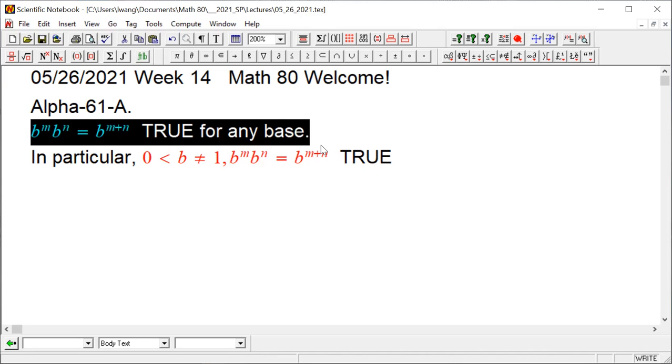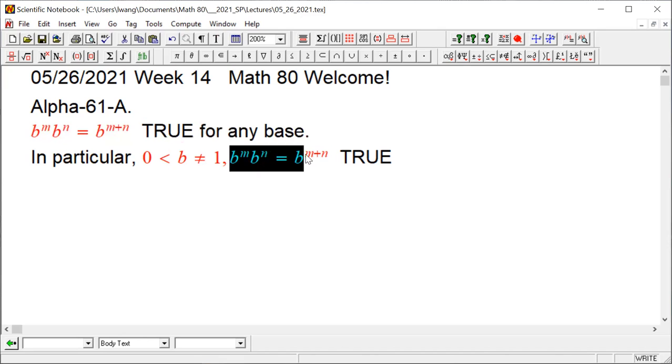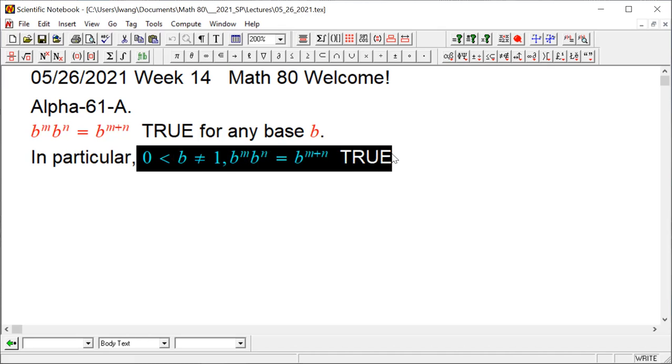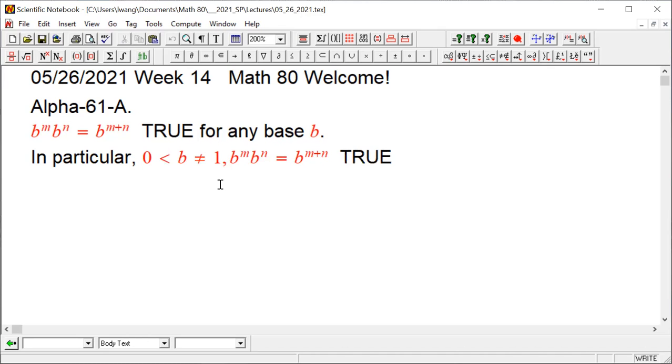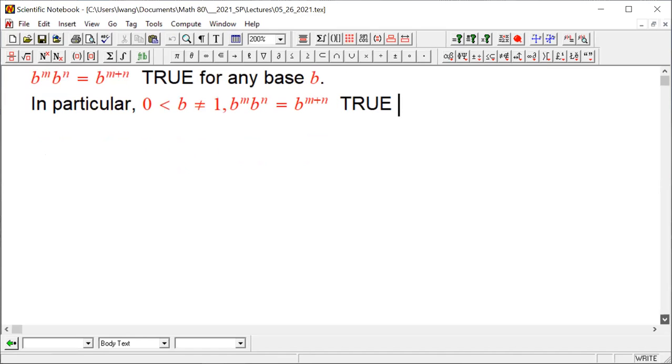Because if these are true for any base b, of course it's true with a restriction on the base. It's still true.